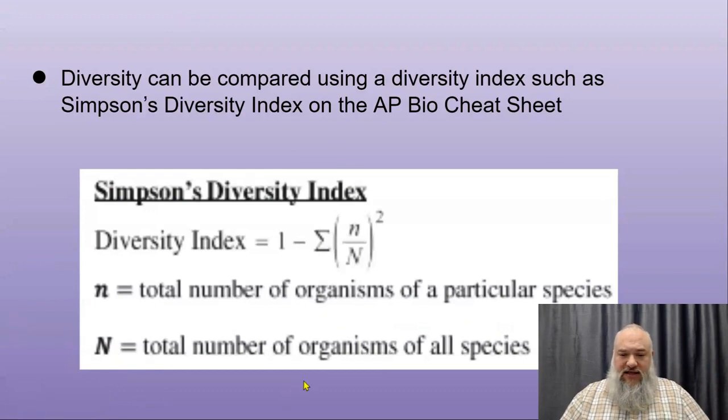What you do is you do the sum of, like if I have 97 gray squirrels over 100 squirrels total, and I'd square that number, and then I'd add that to the one red squirrel over 100 squared, add that to the other one and the other one, and take 1 minus, and that will give us our diversity index.